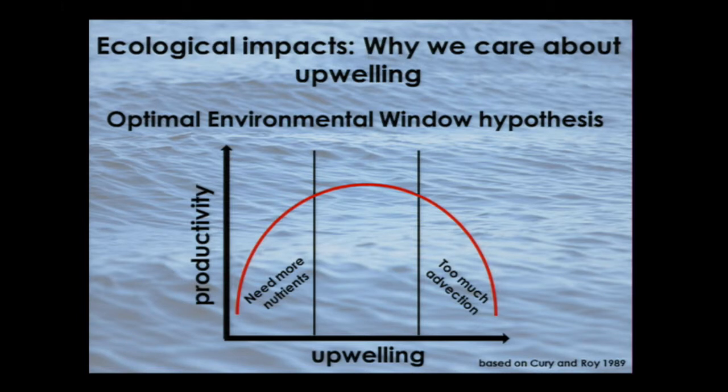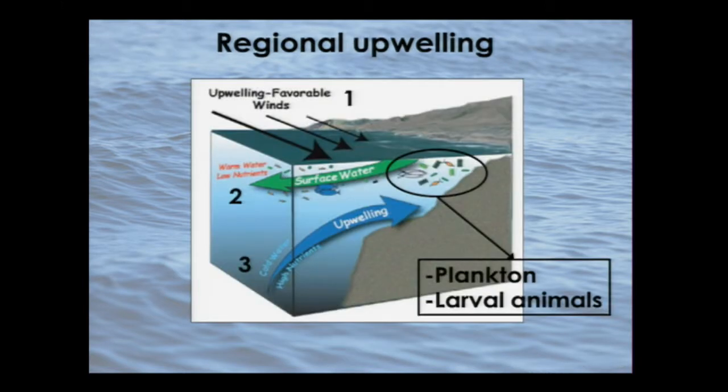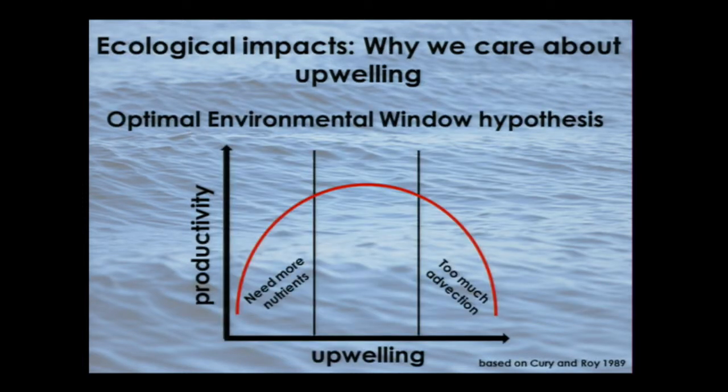When upwelling is high, there's too much advection. If there's too much advection, then this stuff is getting pushed offshore, where it either can't be used or it's not the right habitat and it dies. So too much upwelling is bad, and not enough upwelling is bad, generally speaking. The magic happens up in the mid-level.